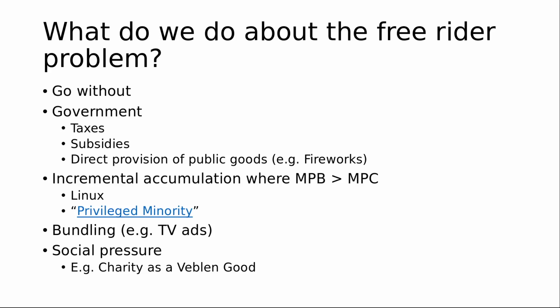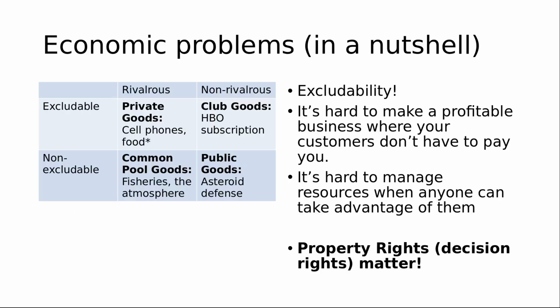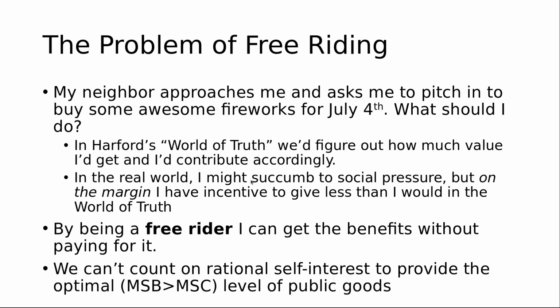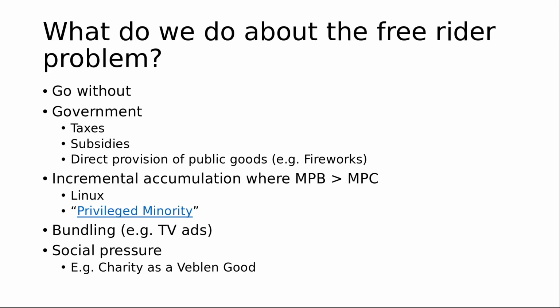Okay, so overall, we've got this issue of public goods are non-rivalrous and non-excludable, and so they are underprovided. Right? People have incentive to free ride, and when people are free riding, we're not putting enough resources into the creation of these public goods. In some cases, we just go without. In some cases, we get the government to force us to not free ride.